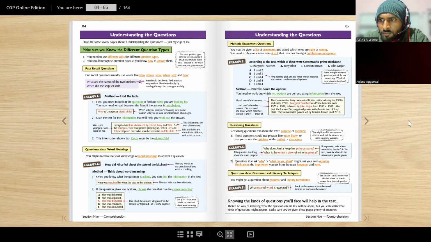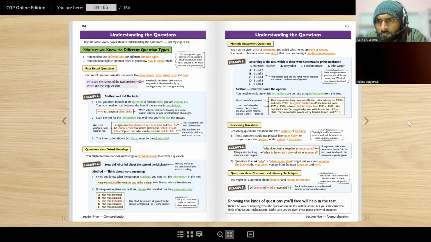After that, the Labour Party regained power with the election of Tony Blair, who remained in power, followed by Gordon Brown until 2010. And here's the other answer. So you need the letter which matches option 1 and option 4, which is letter D.